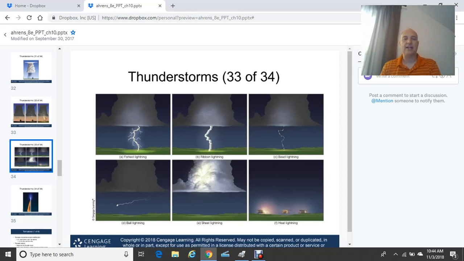And then heat lightning, believe it or not, there is something known as heat lightning. Okay, with heat lightning, typically the thunderstorm is too far away for thunder to be heard. Growing up in the Midwest, I can remember many late summer nights where you would see lightning flashing, typically sheet lightning, but you don't hear any thunder at all.